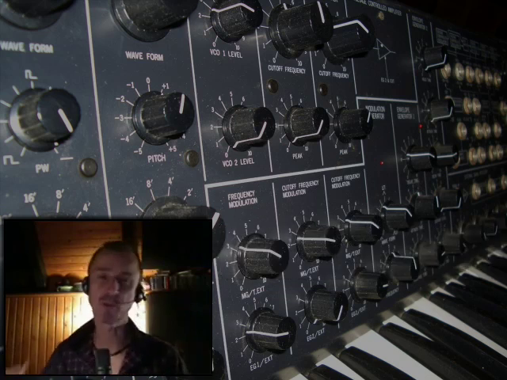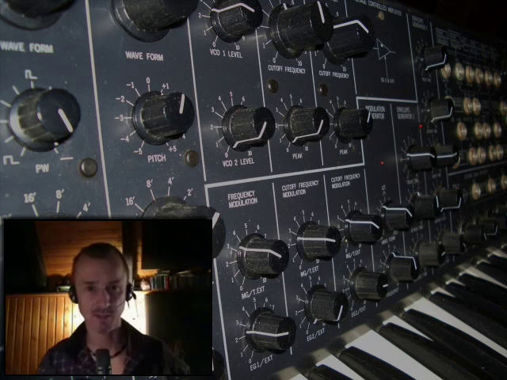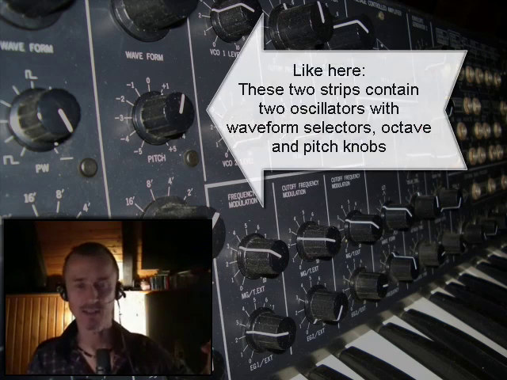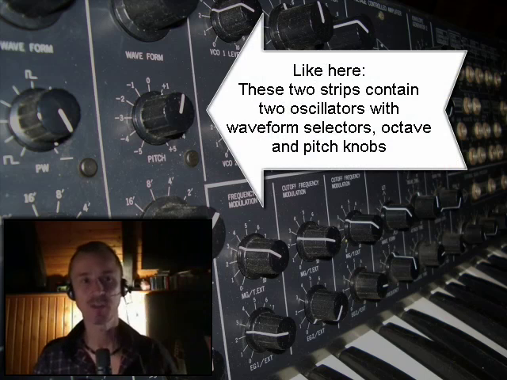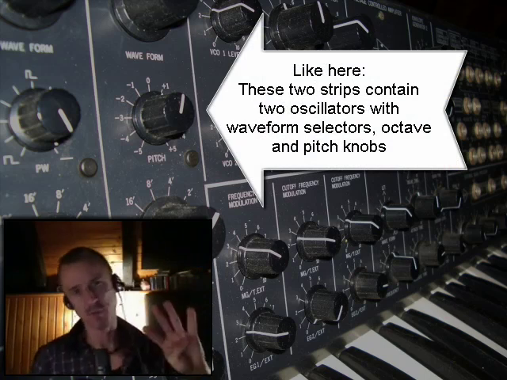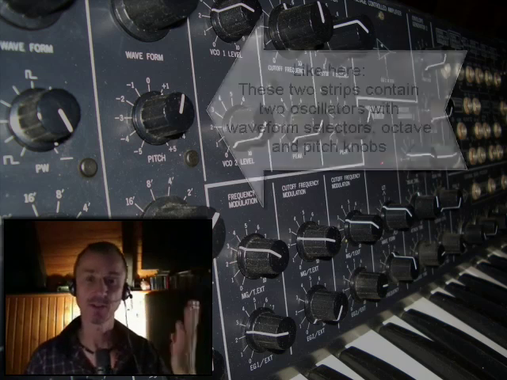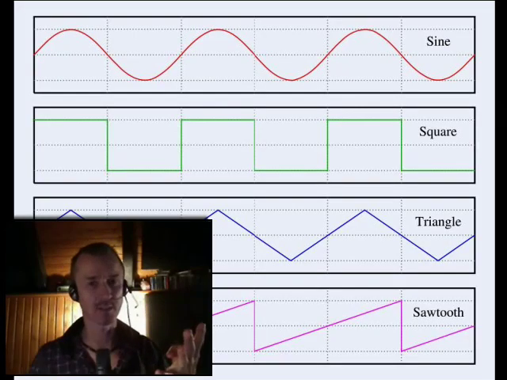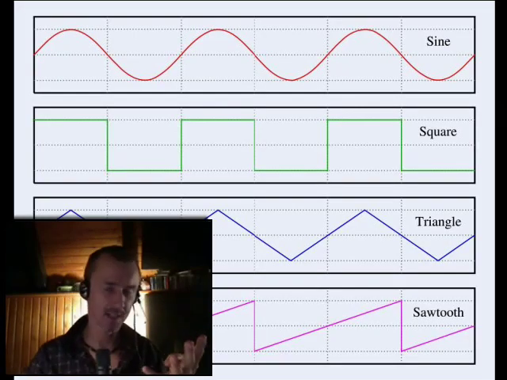The basic modules in an analog synth, as I mentioned before, first of all you've got an oscillator section, and most synthesizers have 3 or 4 types of basic waveforms. First, saw wave, which is the richest harmonically, has more overtones than anything else.